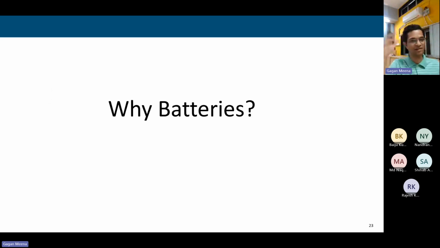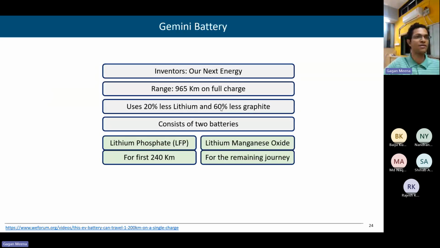So we have already discussed why batteries. And then, yes, I was talking about one example of hybrid energy storage, right? Here, this is one example, the Gemini battery for electric vehicles. Recently, one or two days ago also, this was in the news.